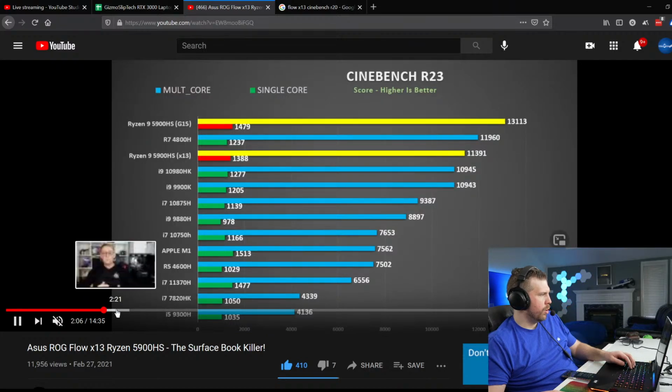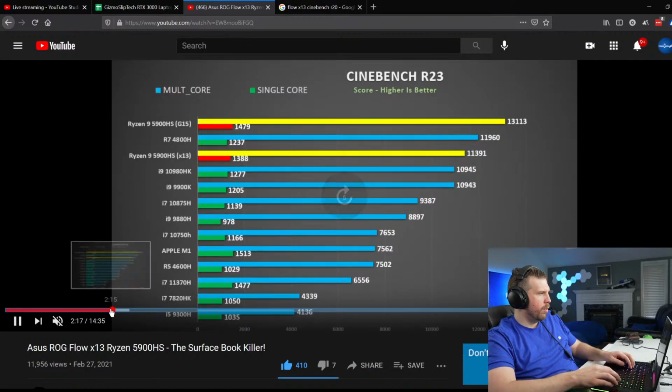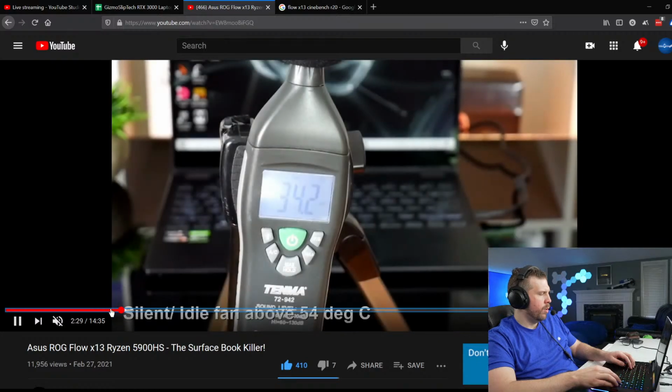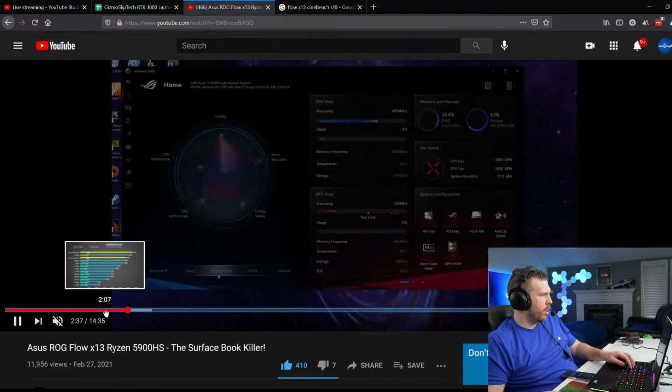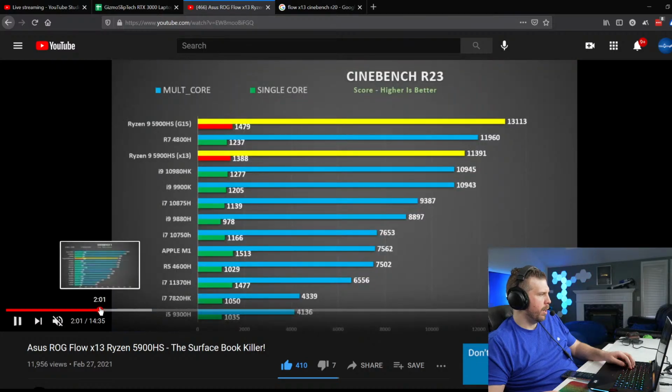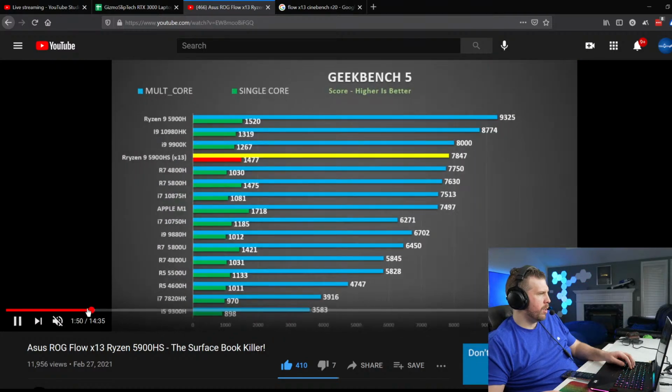Cinebench. Do you have R20 too? Oh, we already have the Cinebench. We need Timespy. Come on, Steven. Give it to us. Give us the goods.